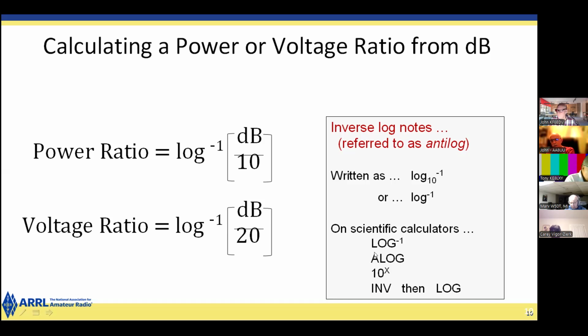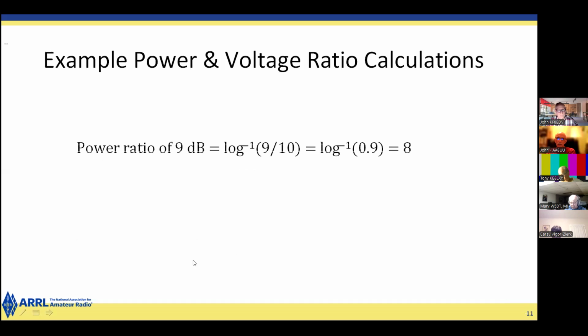A log is either inverse log, or 10 to the X, which I just missed on the Windows calculator. Inverse, then log. Well, it's the anti-log. Oh, they're saying you can hit the inverse key and then the log key to get the inverse log. That's what they're trying to do there. Okay. So now the power ratio.